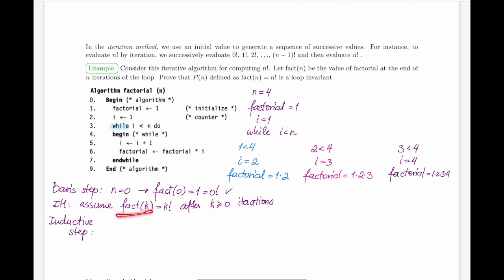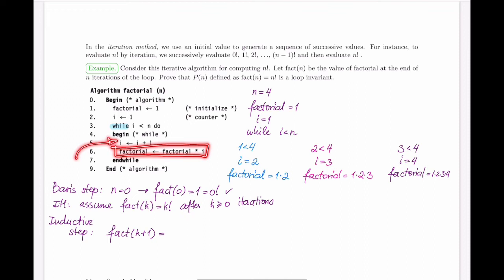So what I'm going to do is I'm going to start on the left-hand side. I'm going to think about what do I have as the computed factorial after k plus 1 steps of the actual algorithm. So as I'm entering the loop, notice that factorial gets computed in this line, right?